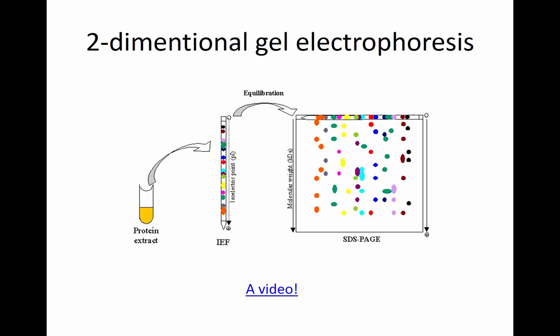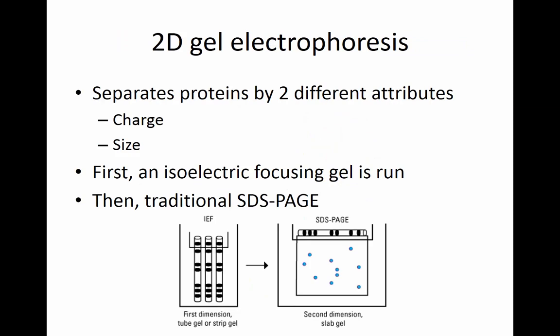But essentially how that works is you're going to separate them first by isoelectric focusing, or by their isoelectric point, which has a lot to do with what their charge is, and then separate them by the traditional SDS-PAGE via molecular weight here. And there's a video that I will post on my courses that you can watch if you are so inclined. You don't have to, but if you're interested to know more about 2D gel electrophoresis, you might want to.